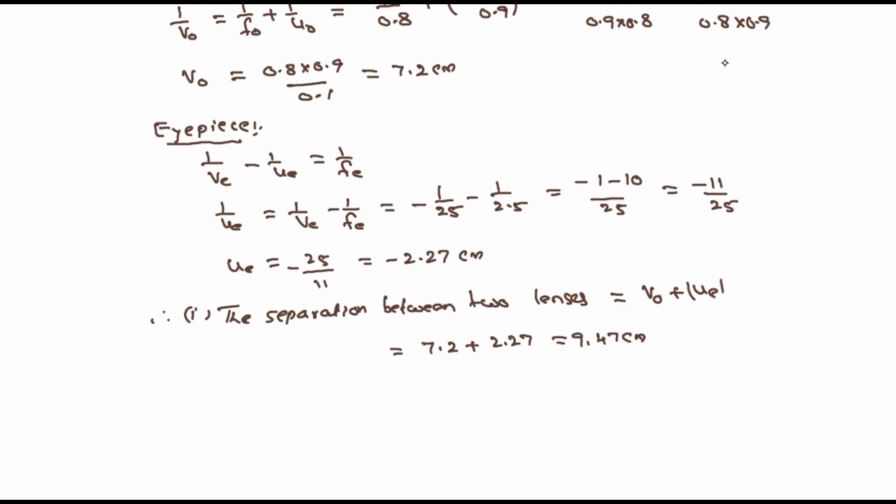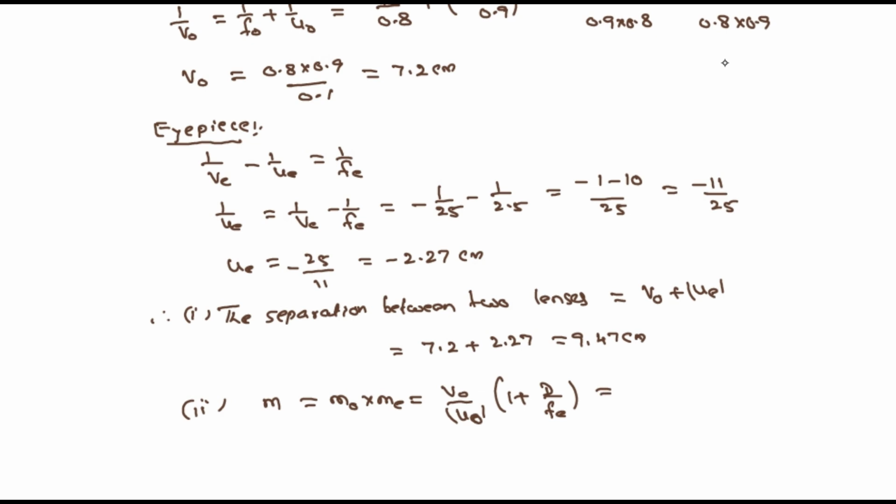Coming to the second subpart, we need to find the magnifying power or angular magnification, that is m0 into me, which is the modulus of V0 by U0 into 1 plus D by fe.